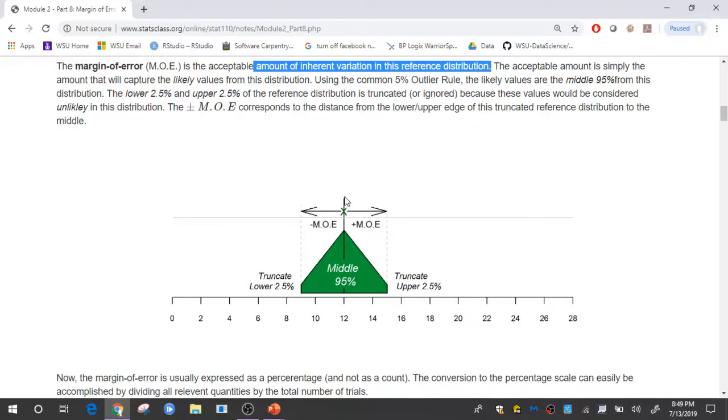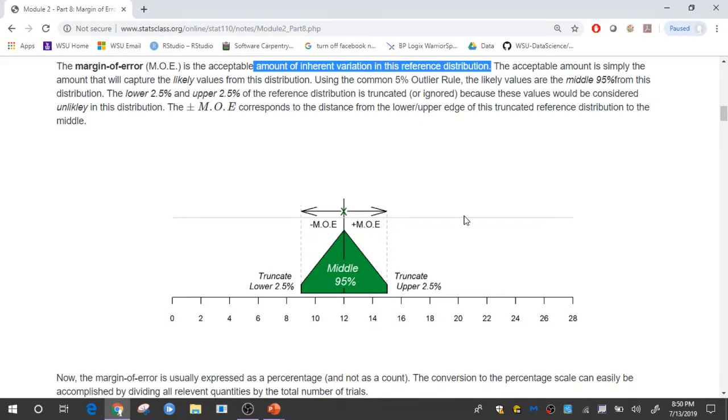Now, the margin of error is just that distance that I need to go from my study outcome up to that right edge of the distribution. So if I'm going up, I'm going to be using the positive margin of error. If I'm going down, I'm going to be using the negative margin of error.